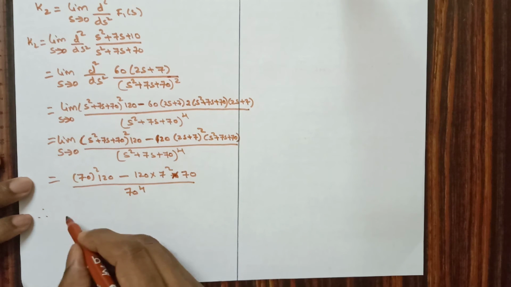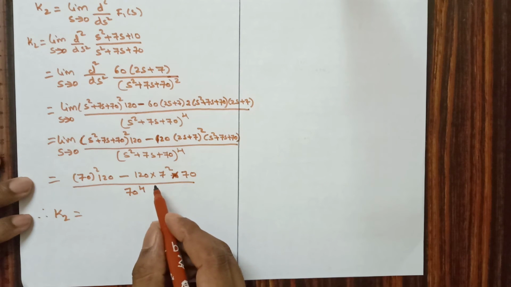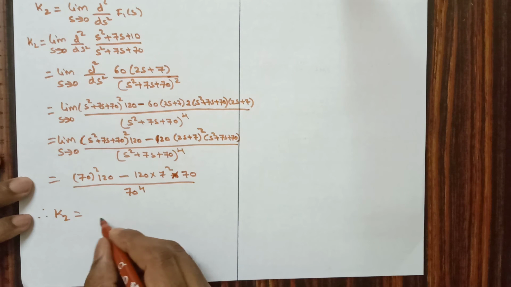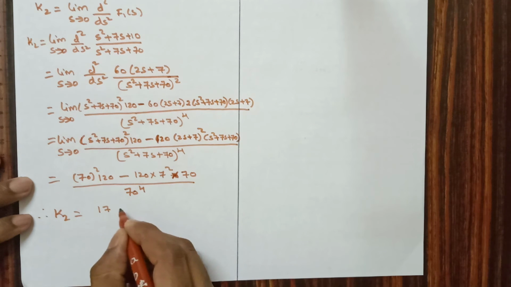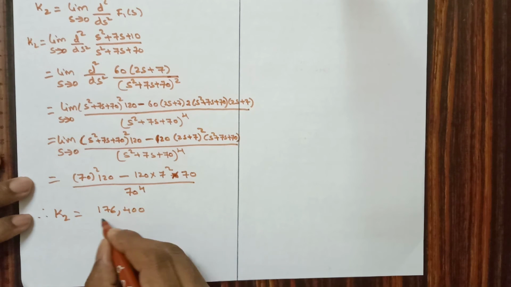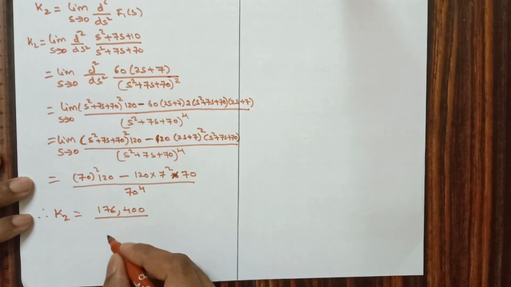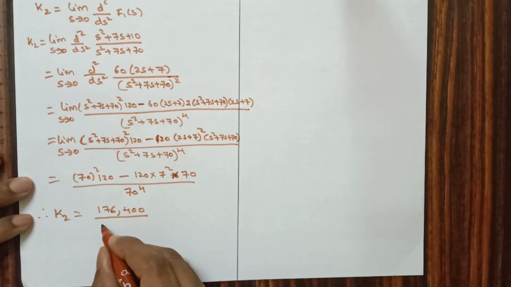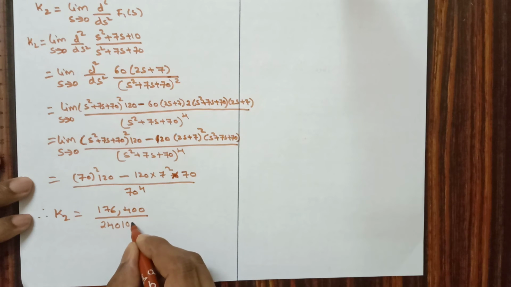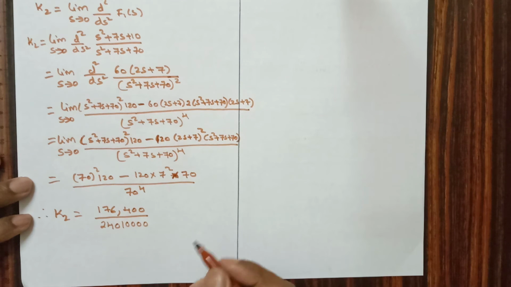Therefore k2 is equivalent to, we'll get somewhere the value 176,400 divided by 70 power 4 value, which is 24010000.